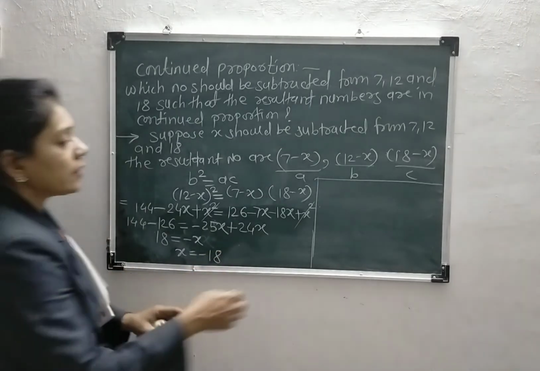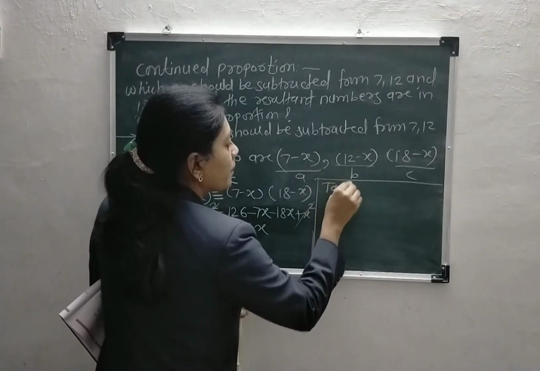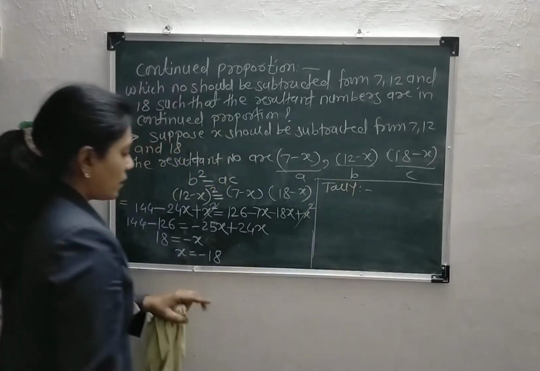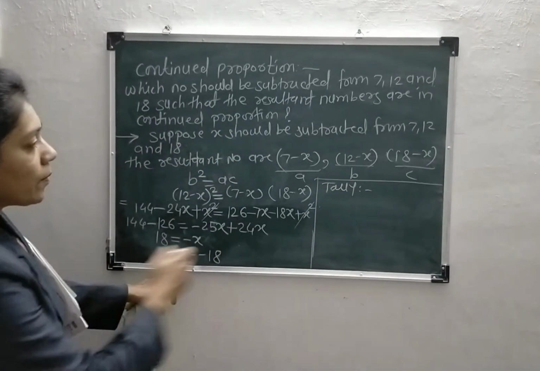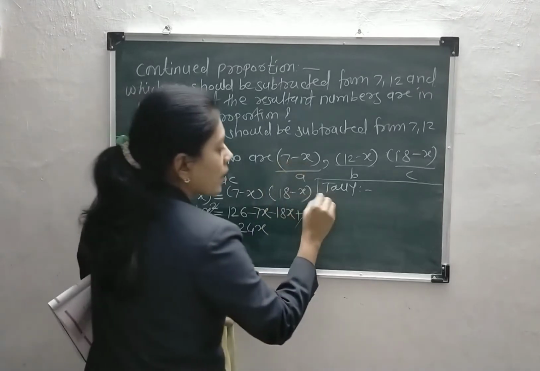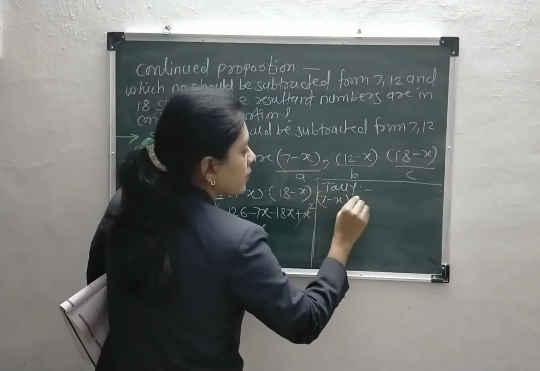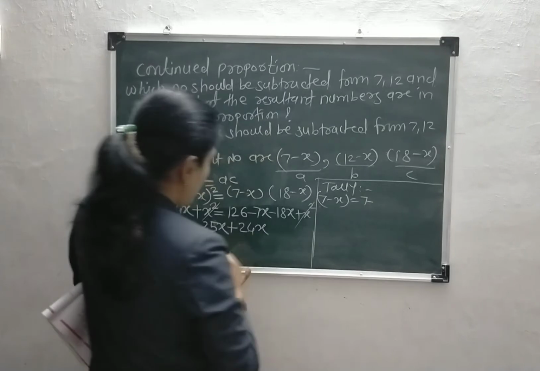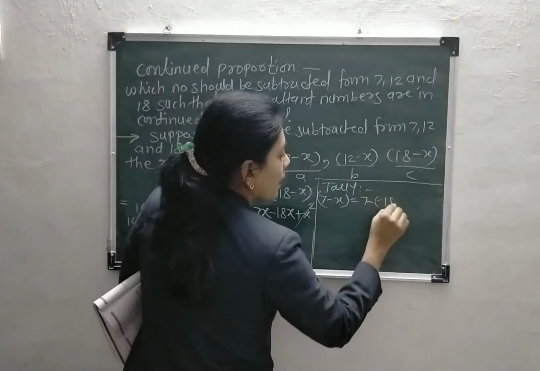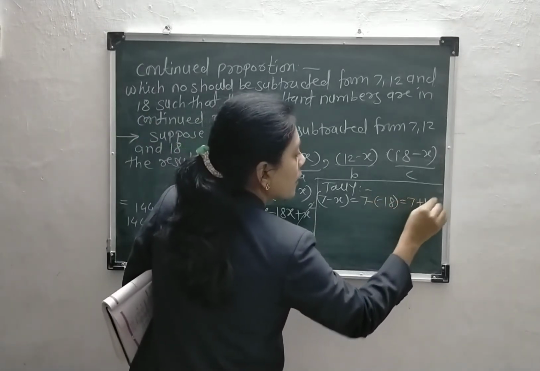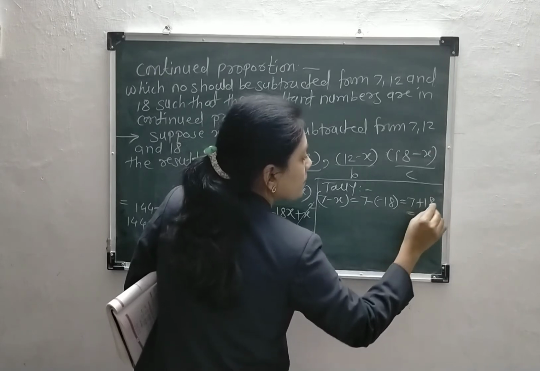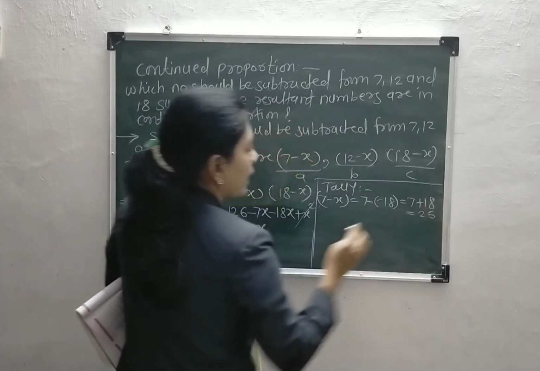So let's tally this. Substitute this x value here. 7 minus x: 7 minus minus 18 means 7 plus 18, which is 25.